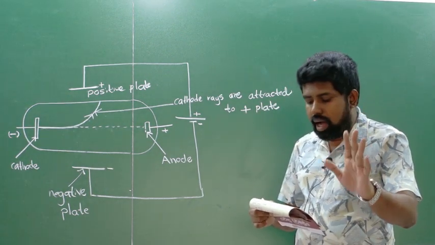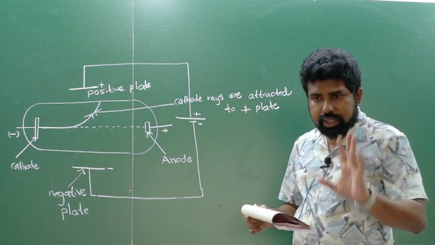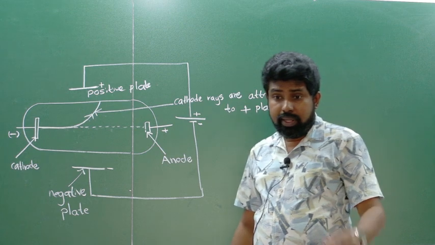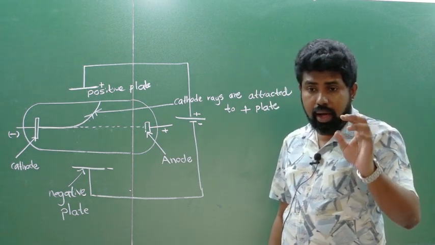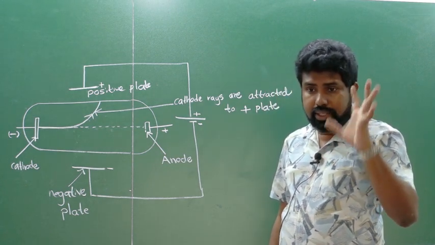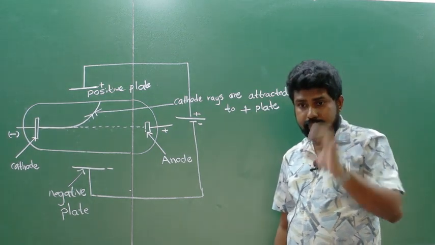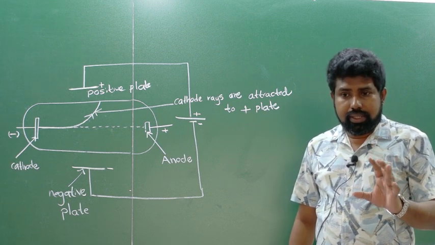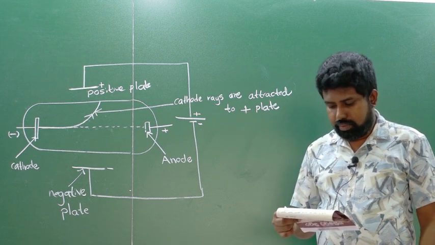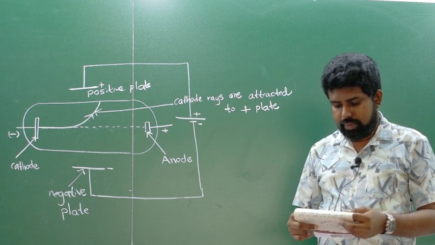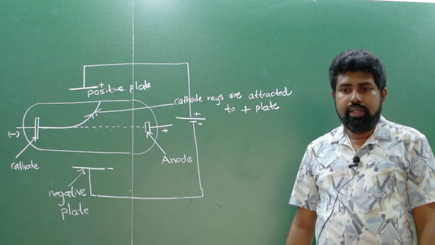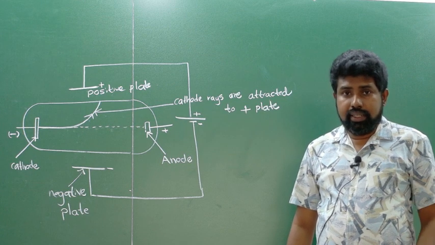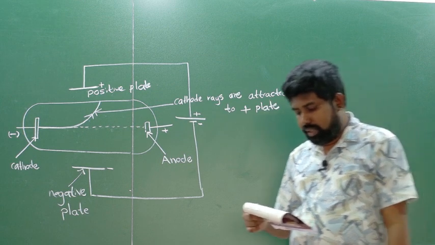Cathode rays are negatively charged. Very important. Under that, write down the note.